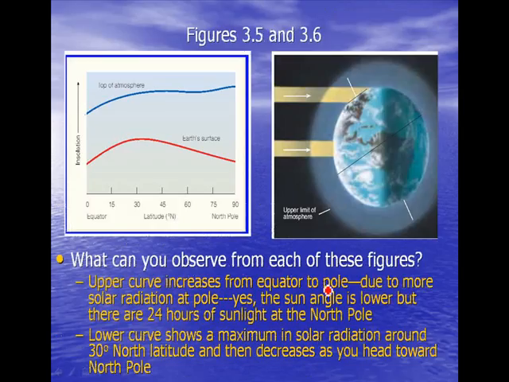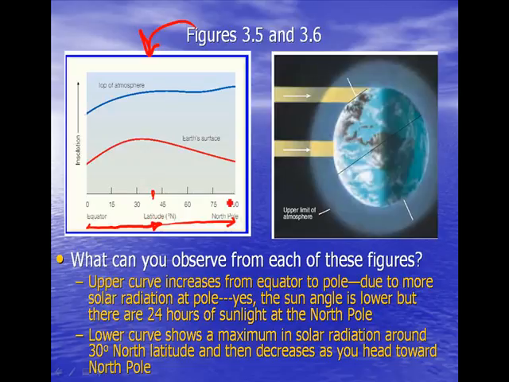With figure 3.5 here, we see two lines. Well, first of all, let's take a look at the axes. Along the x-axis, we go from the equator all the way up to about 41, 42 degrees, which is where Iowa is located, all the way up to the North Pole, so that's our x-axis.